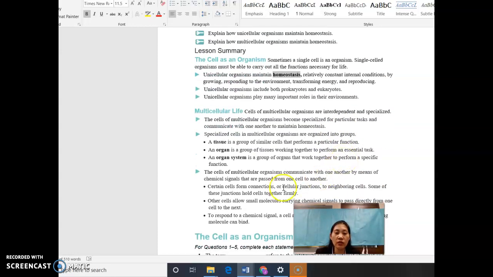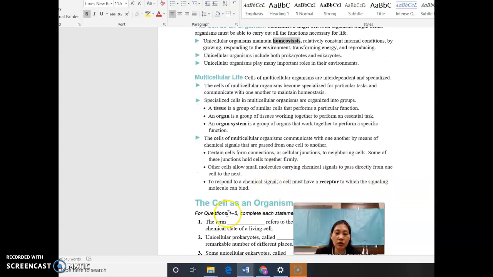So what you're gonna do is to remember these words because it will take you to these questions. And I want you to remember as well that cells of multicellular organisms communicate with one another by means of chemical signals that are passed from one cell to another, or in some words, they call it sensors.